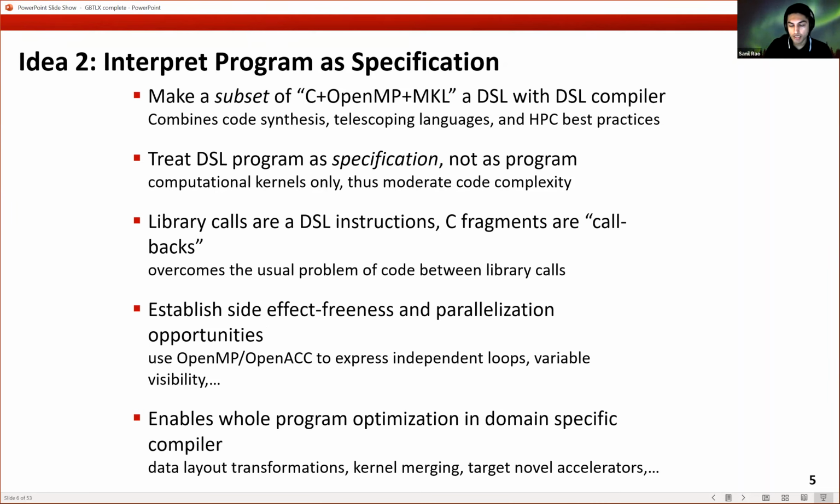So it'll say what to be done via library calls, but it won't tell you how to do it, and that's where the compiler would come in. Right, so this will open up the compiler to generate high performance implementations that can take advantage of things like data layout, software performance optimizations, and underlying architectures.